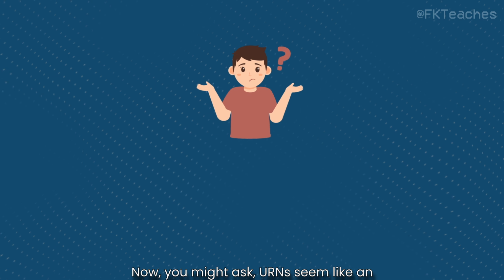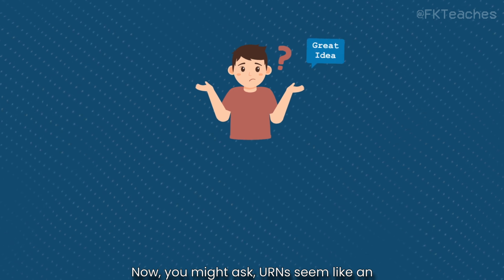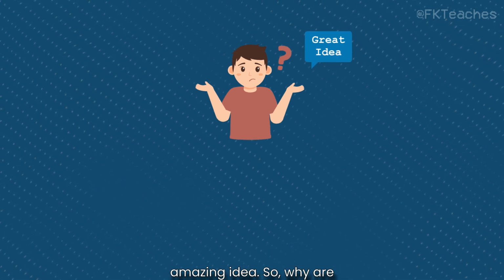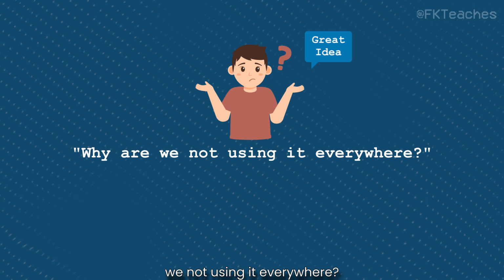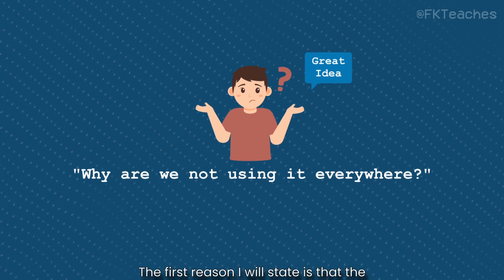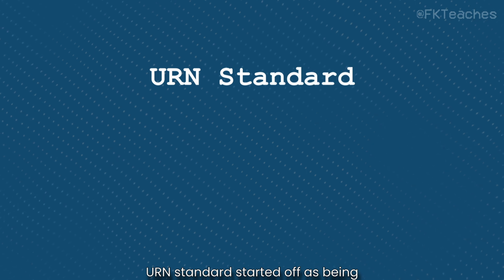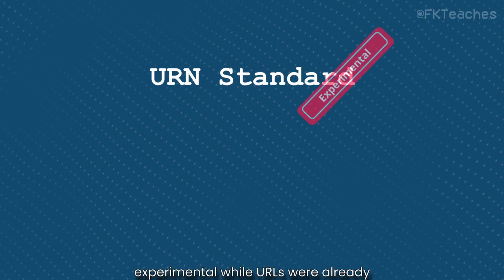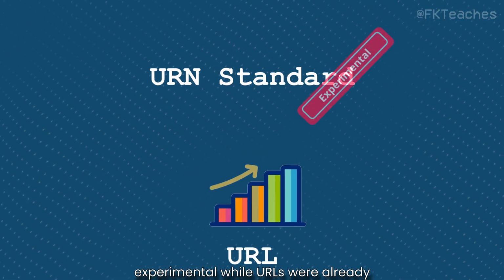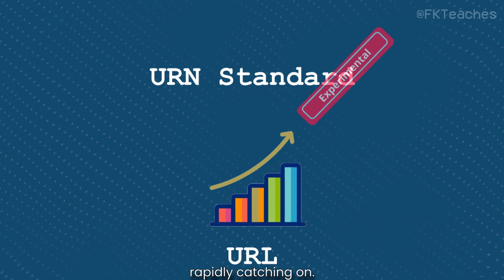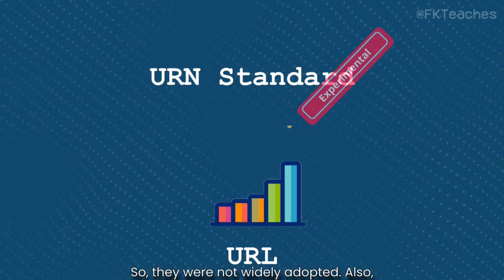Now you might ask, URNs seem like an amazing idea, so why are we not using them everywhere? The first reason I will state is that the URN standard started off as being experimental, while URLs were already rapidly catching on. So, they were not widely adopted.